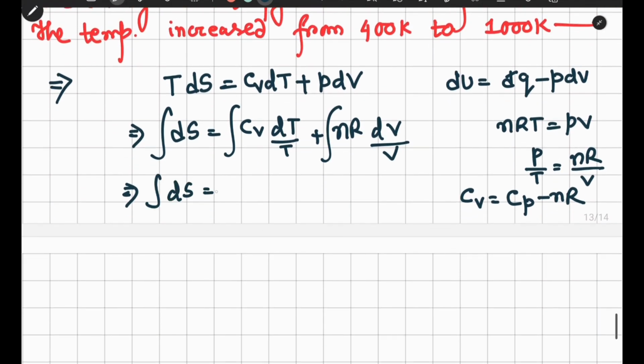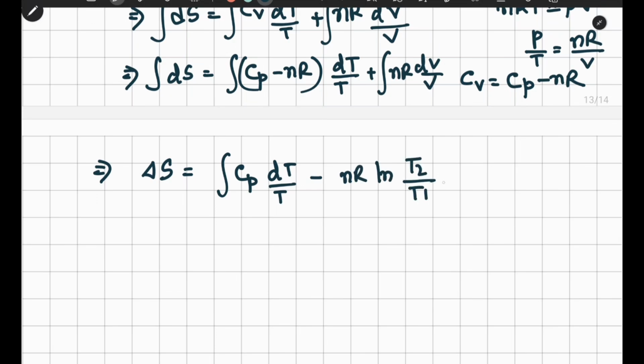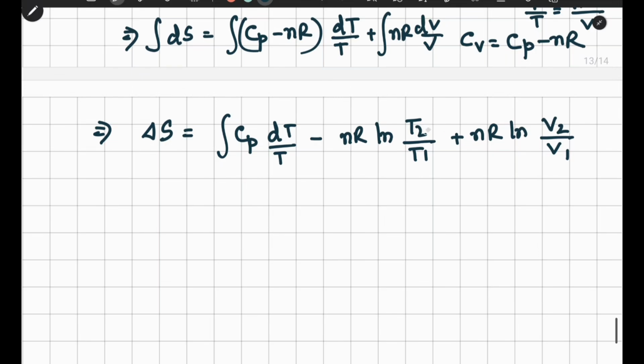So it will be dS equals Cp minus nR dT by T plus nR dV by V. So it will be delta S equals Cp dT by T minus nR ln T2 by T1 plus nR ln V2 by V1. So if we combine, after combining we will obtain this.